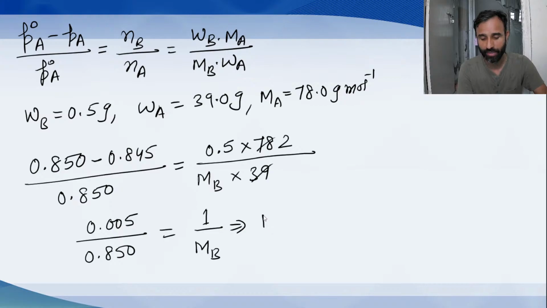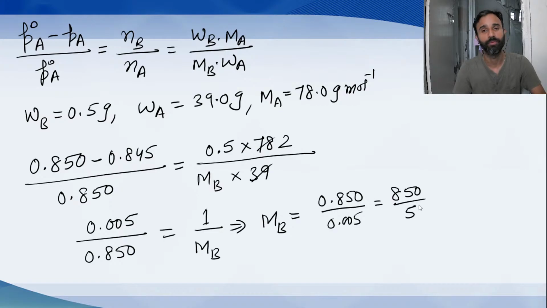So MB equal to 0.850 upon 0.005, means it is 850 by 5, which is 170. So MB is 170 gram per mole.